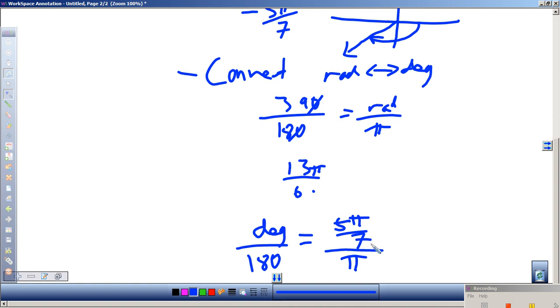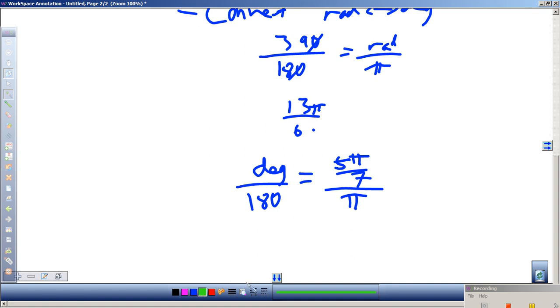The more fun ones are when I don't include pi in the problem. But in that case, I'd be looking for a decimal answer instead of an exact one. So if I have this one, similar to the way I cancel 0, I'm going to cancel pi. So we got pi on top and pi on the bottom. So you get degrees over 180 equals 5 over 7.